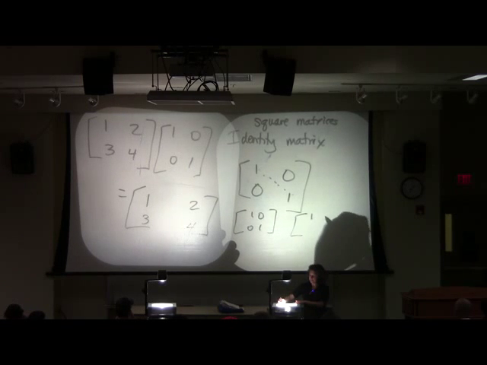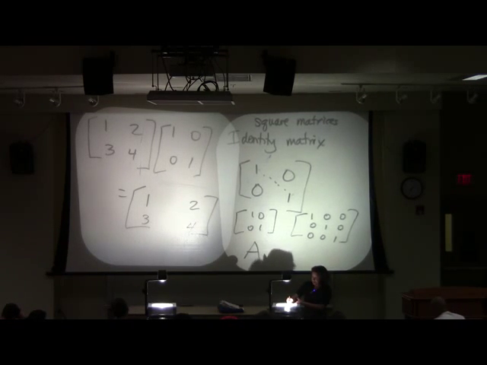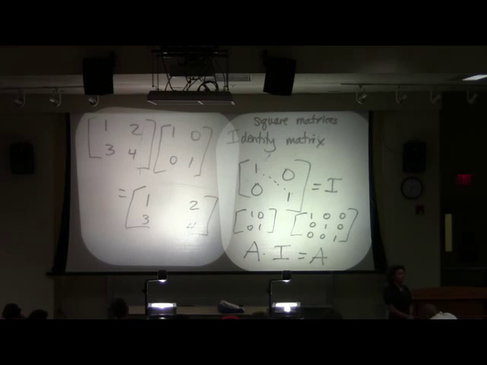A 3 by 3 would be 1, 0, 0, 0, 1, 0, 0, 0, 1, etc. And the beautiful thing about your identity matrix is any matrix, we'll call him I, times your identity gives you your matrix back. Neato, huh? You guys with me this far? We're going to be using this idea very shortly.